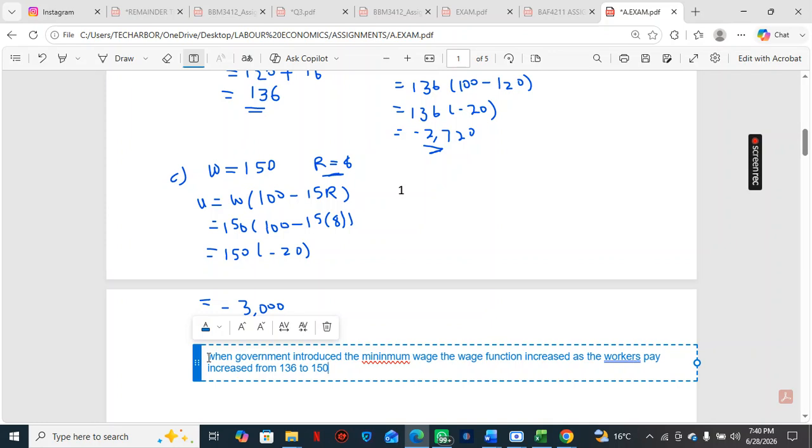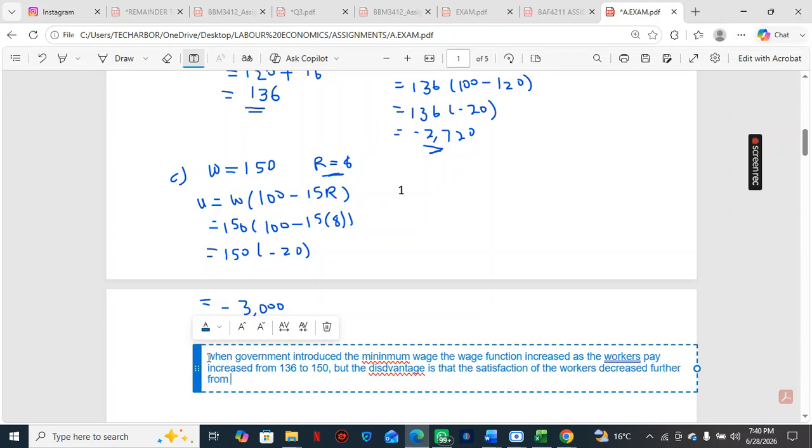That's the good side about it. But the disadvantage is that the satisfaction of the workers decreased further, from negative 2,720 to negative 3,000.